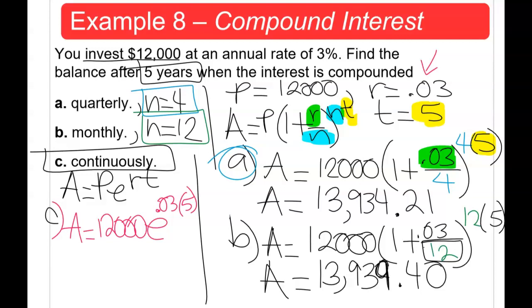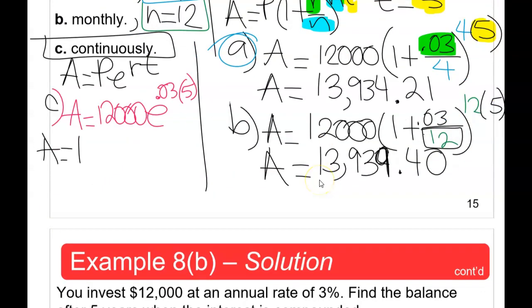Now for continuously, that would be like a non-stop accumulating interest. So that will be 13,942 with 1 cent.